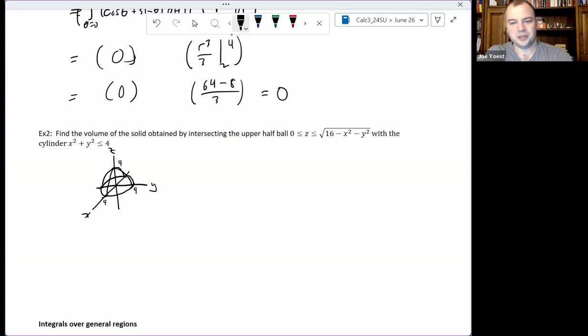So my ball is a little dented, I suppose, but you get the idea. This is a solid, the upper half ball. And I want to look at a cylinder, x squared plus y squared less than or equal to 4. The intersection of those two solids is the one that I'm interested in. The projection of the cylinder on the xy plane is a circle of radius 2. And z is free here, so we can just move this circle up and down.